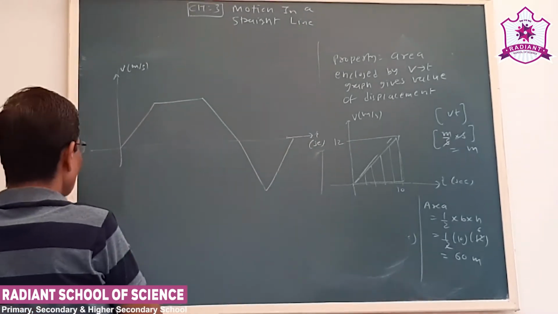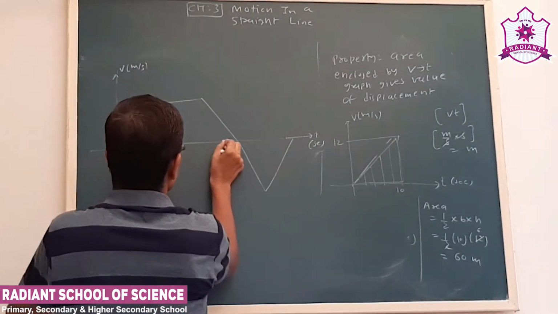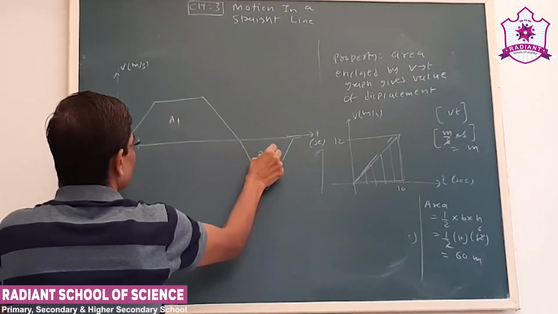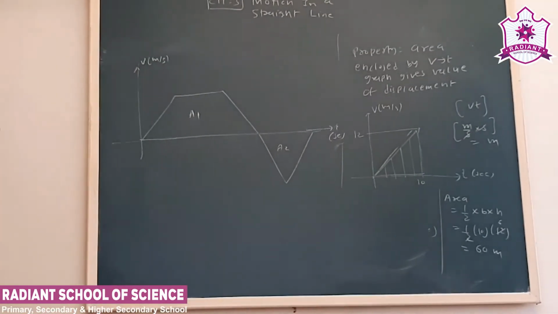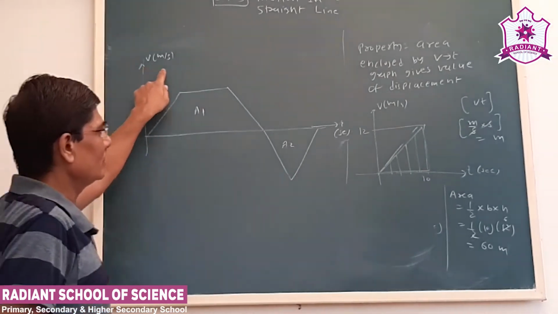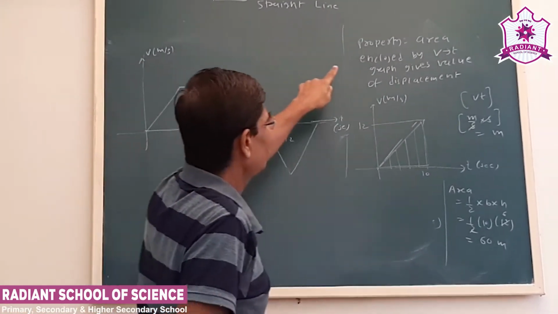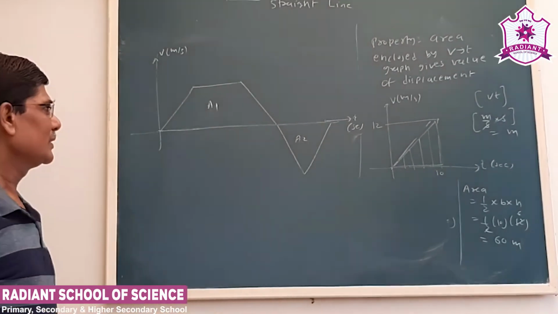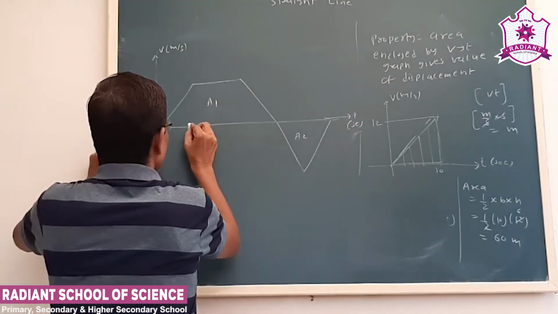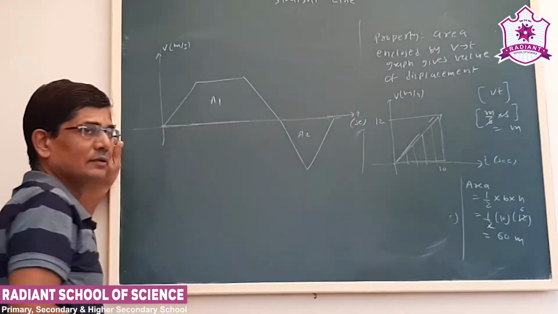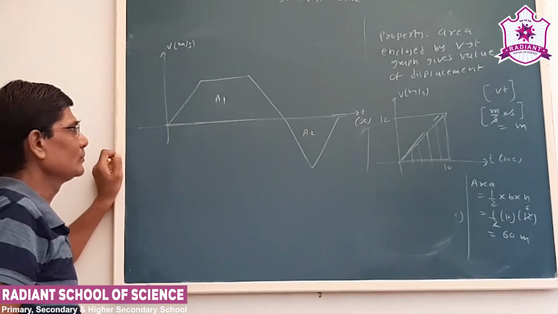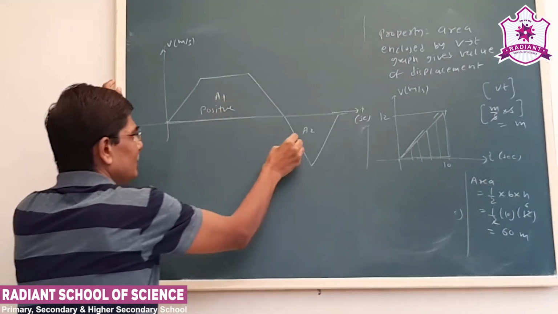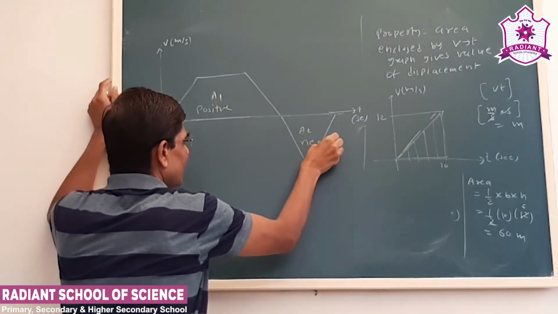There are two regions, let us say A1 and A2. Here also the area of the velocity time graph will give the value of the displacement. The area above the coordinate axis we consider positive, and the area below the axis we consider negative.